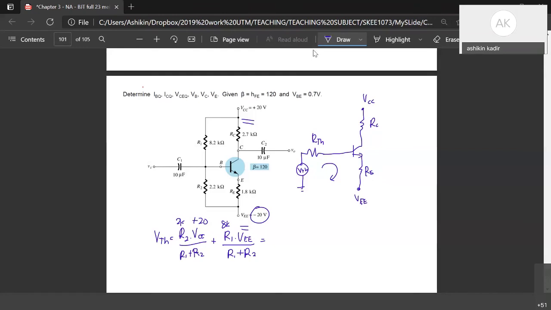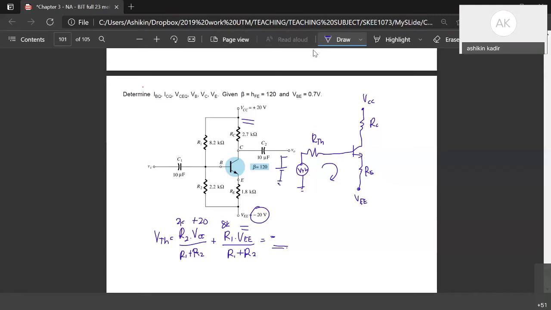But here, 8K you multiply with minus 20, you get 100 minus something, right? So here, your VTH would be a minus value. And then you put the VTH over here. Because usually our VTH is positive, so we denote it like this in our circuit.